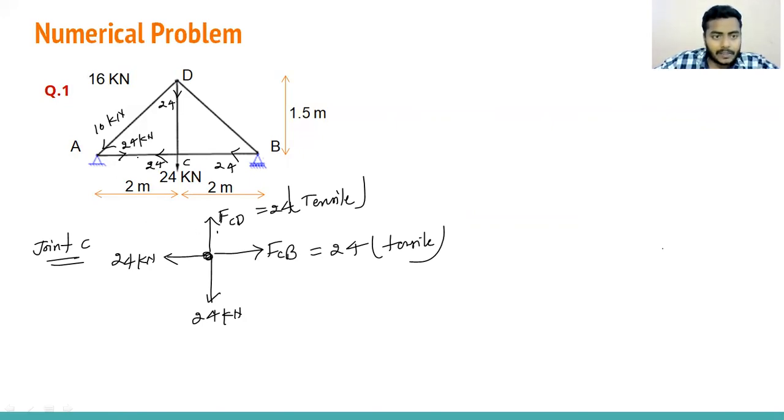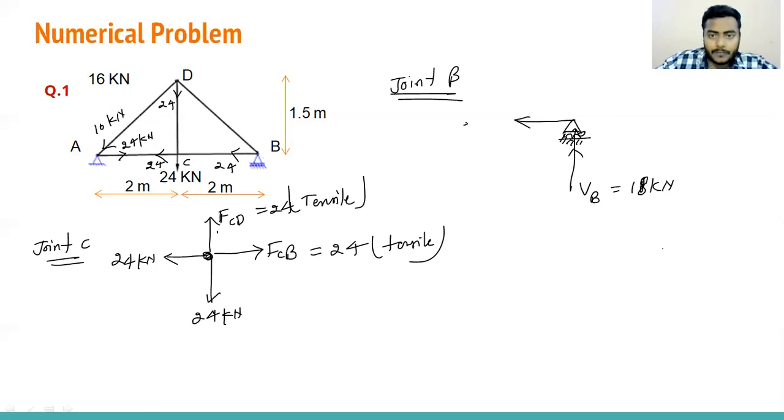Okay. Now we got this. Now we can go for joint B. Joint B. So just see. There is a vertical reaction, 18 kilonewton in upward direction.